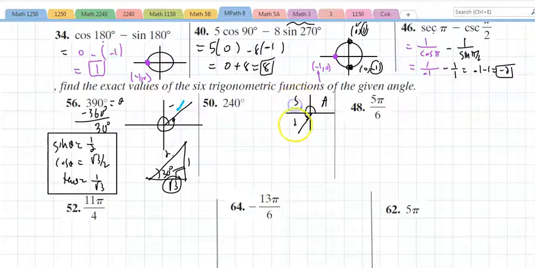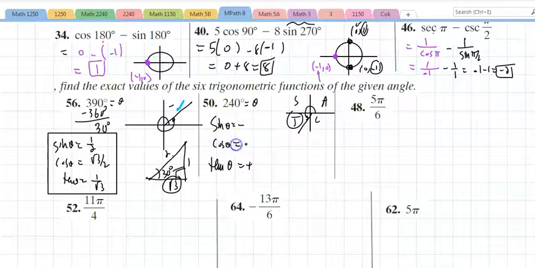All students take calc. That tells me tangent is positive. I'm going to call this theta. That tells me the sine of theta is negative. And the cosine of theta is also negative. Well, how am I going to figure out the rest?